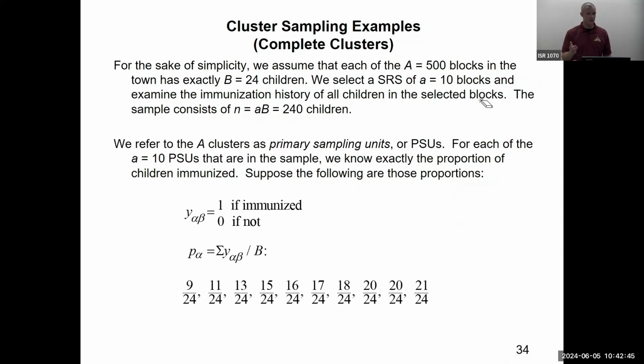Depending on what cluster I'm talking to, kids are going to tend to be not immunized, or they're going to tend to be immunized. That's an intra-cluster correlation of the variable that we're trying to measure. So the higher that ICC, and accordingly, the higher the between-cluster variance, the more the sampling distribution is going to spread. That's the idea.